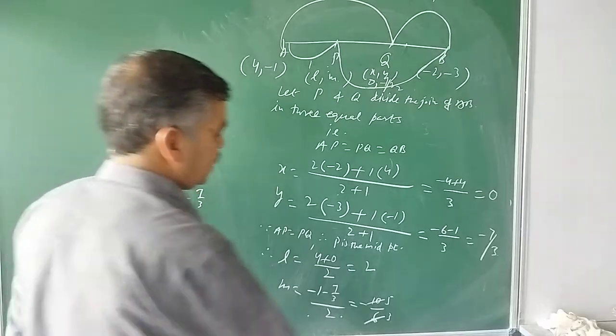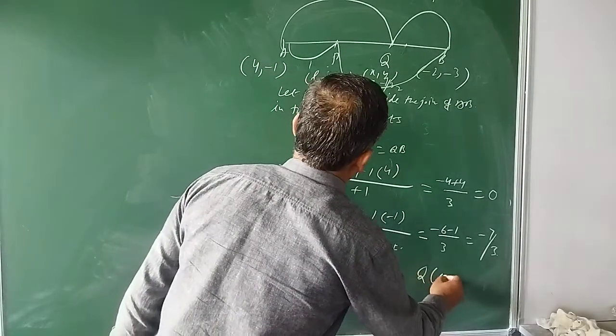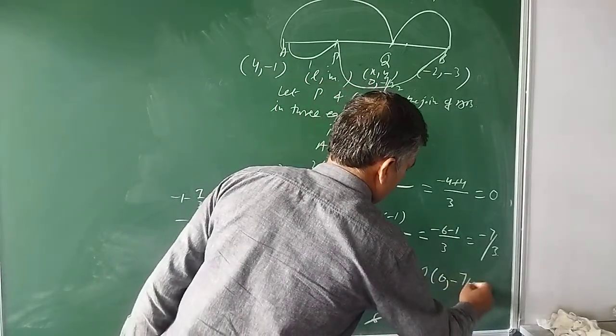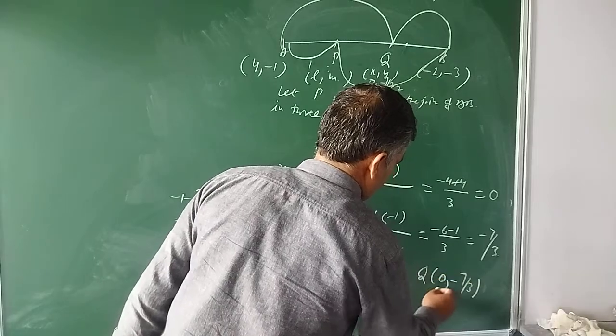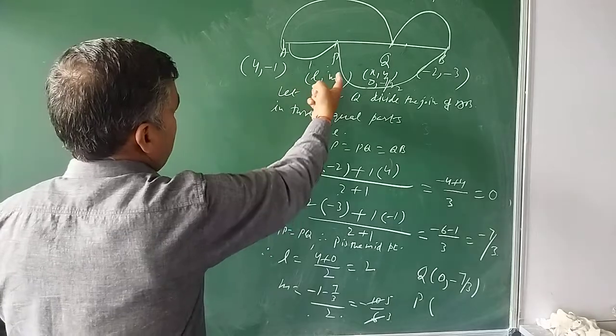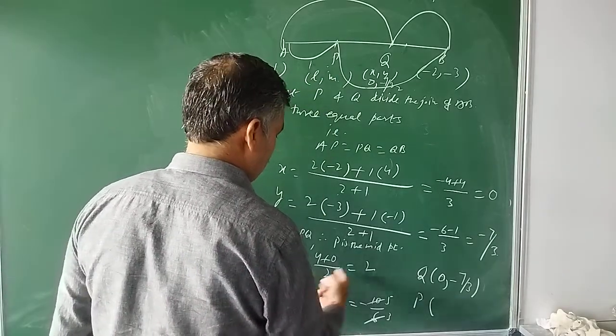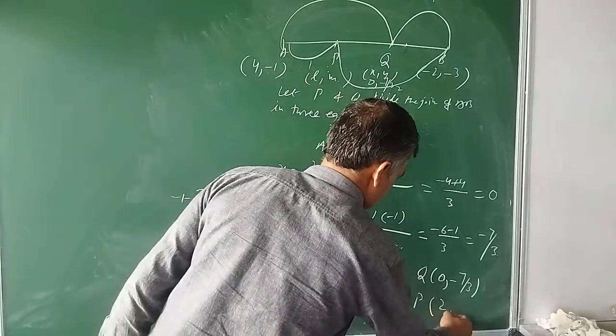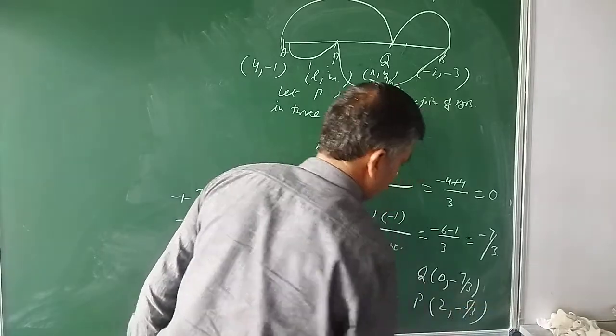So the answer you are getting, the coordinates of Q are (0, -7 upon 3), and the coordinates of P, that is L and M, are (2, -5 upon 3).